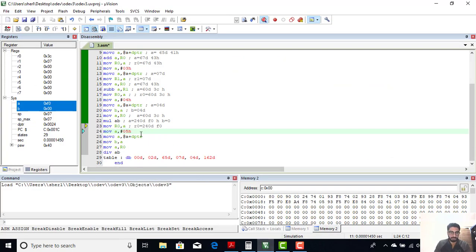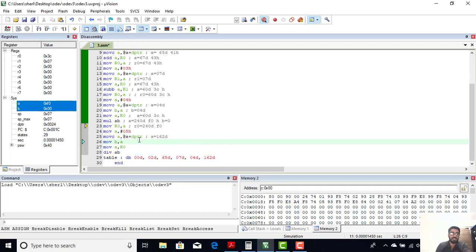As we did before, we are going to give 5 as data and put it again, which means A is going to be equal to 0, 1, 2, 3, 4, 5, 162 decimal.